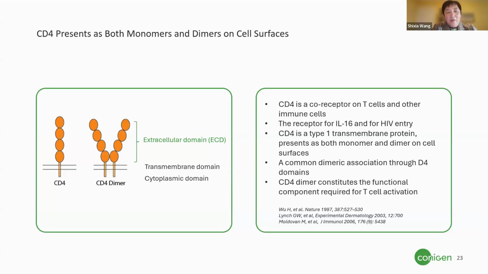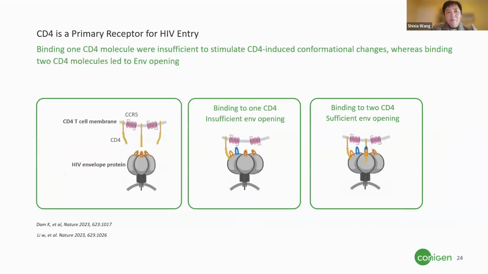In the later 1980s, there were already publications demonstrating that CD4 can exist as monomers or dimers on the cell surface. Different cells can have different presence of dimer or monomer. Based on many immunology studies, the CD4 dimer is very important for the functional activity of T cell activation.